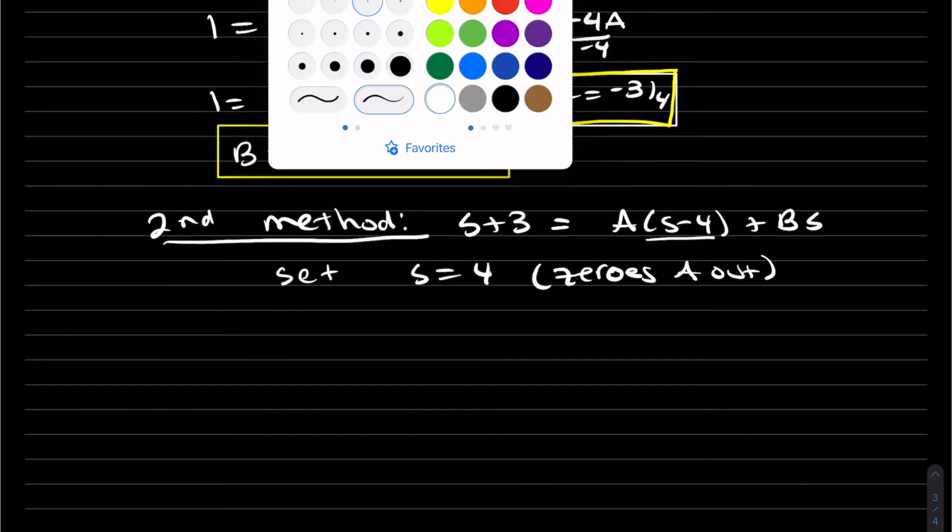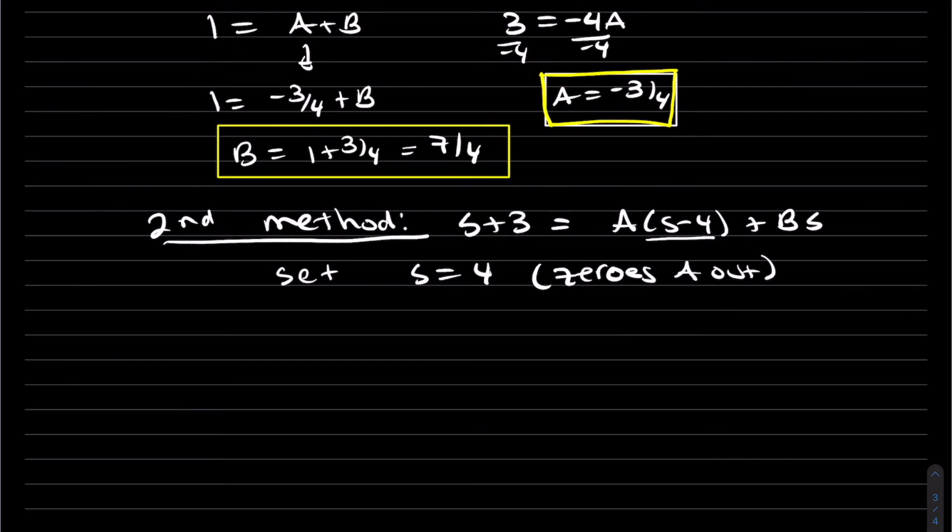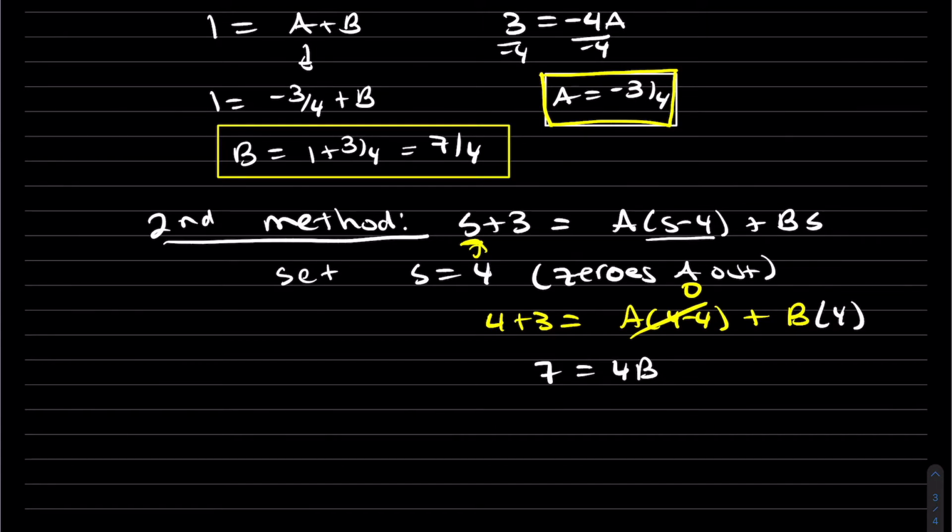So plugging that in there, 4 plus 3 equals a times 4 minus 4, that's 0, plus 4b. So we get 7 equals 4b, b equals 7/4, which is the same thing that we got up there.